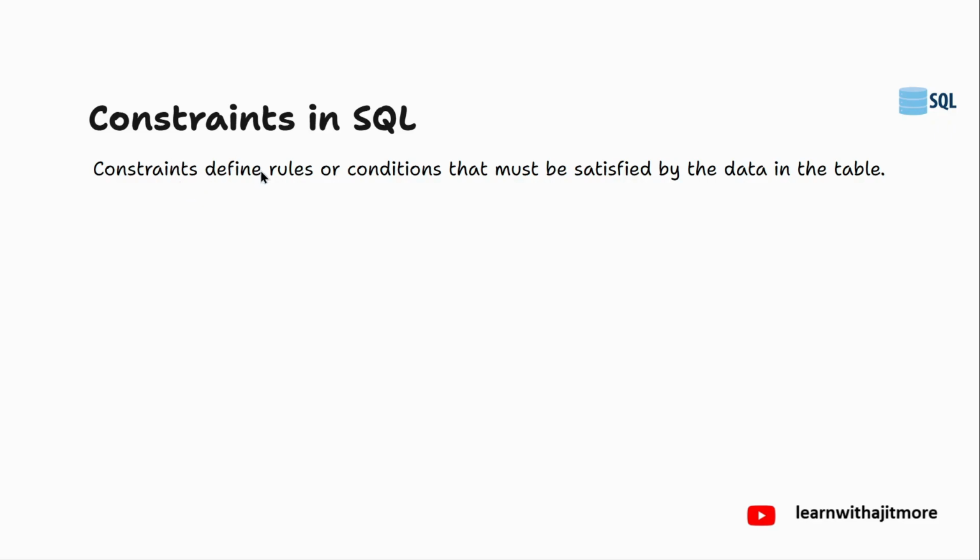See, a constraint defines rules or conditions. Like just now I told, na, age greater than equal to 18. It's a condition. Okay. Rules बताया. Like, for example, in that column, no duplicate value allowed or not null constraint.